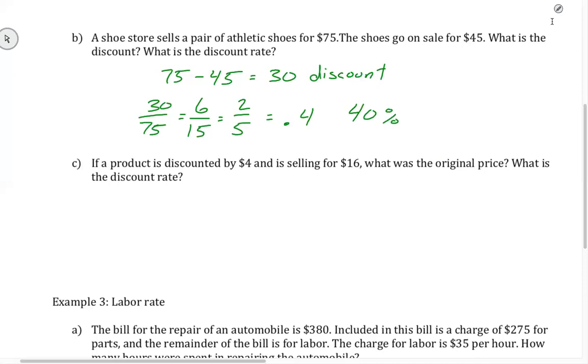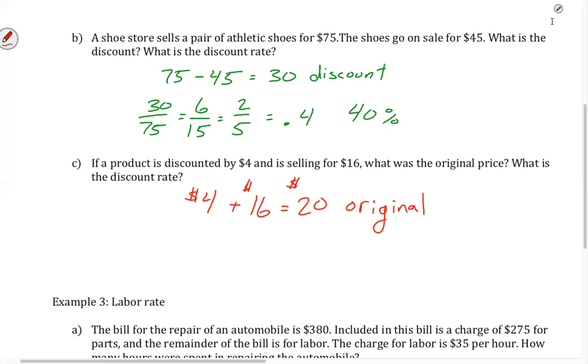So, Ed, we got, if a product is discounted by $4 and is selling for 16, what is the original price? Well, then I have to add that. So it'd be $20. So that's the original price.